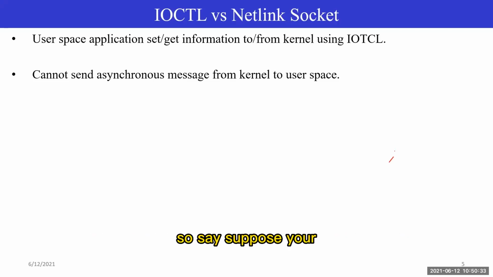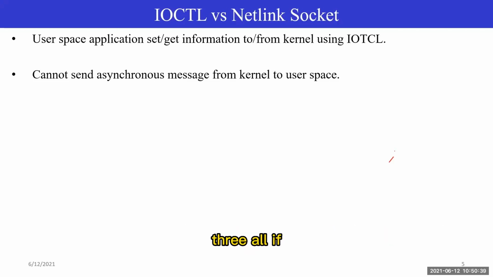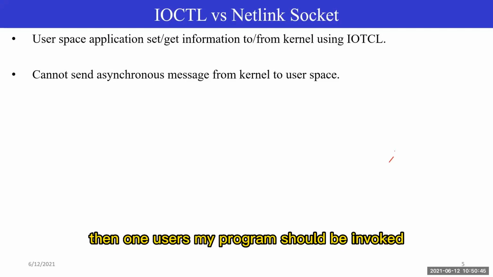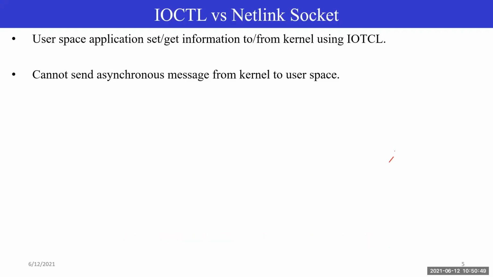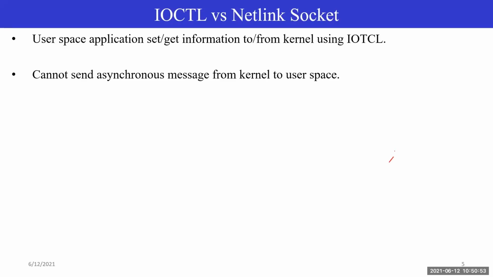So suppose your requirement is, if there is some modification in the ARP entry, or if the IP address of the interface is getting changed, then my user program should be invoked. Now through IOCTL, this cannot be achieved.